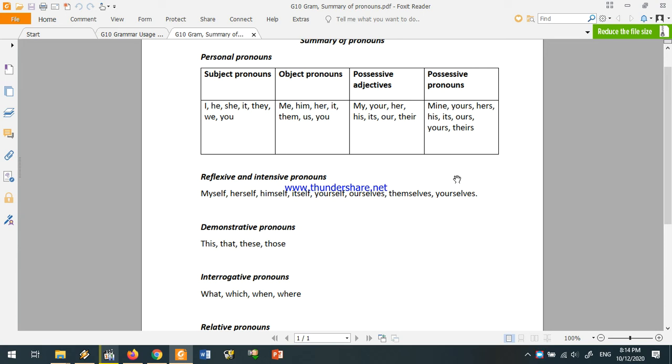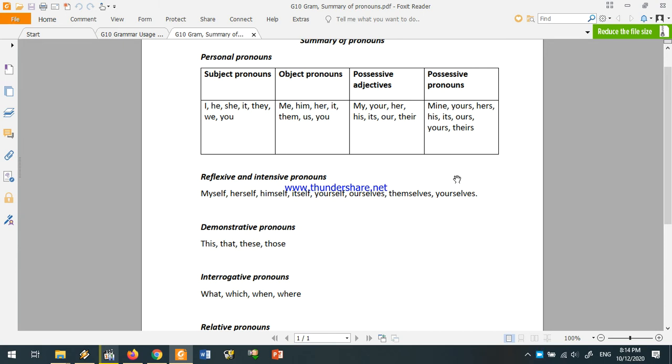Intensive pronouns are used only for emphasis, so they have no semantic or meaning function. It's only used for emphasis. For example, if I ask a student, did you do this your homework? And she says, I did it myself.